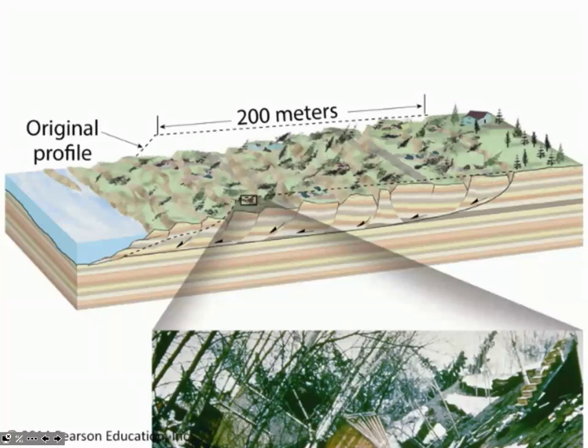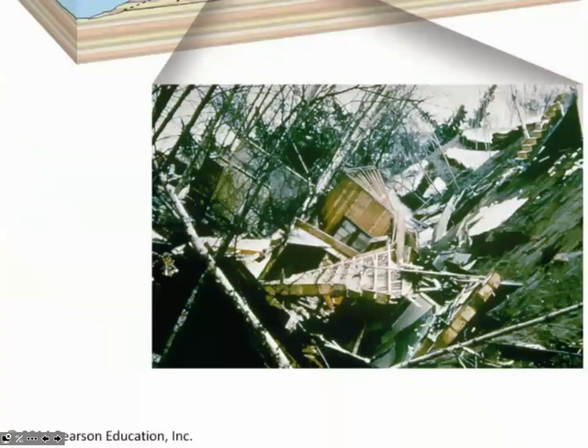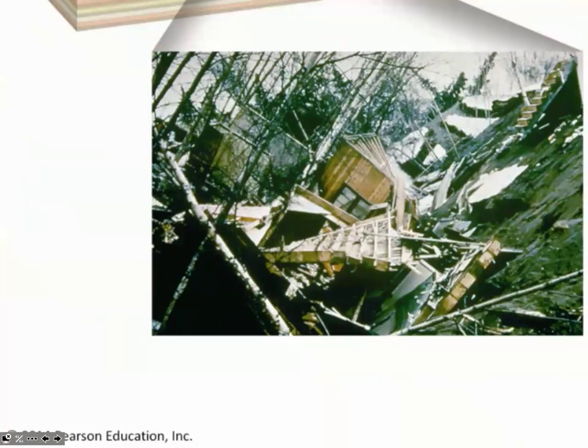And so it broke into a series of these blocks, and they slid along this greasy base, and the houses that were built upon those blocks ended up being torn apart. So this is a photo which is actually vertical, so the edges of the photo over here are actually vertical, and you can see that the trees are no longer vertical, and the house, of course, is just torn to pieces.